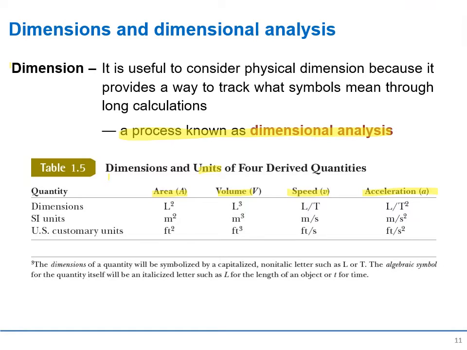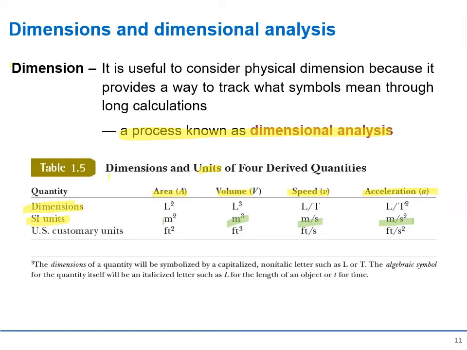Okay, so now you can see the difference between the dimensions and the units. The unit for area is meter square, for volume meter cube, for speed meter per second, for acceleration meter per second square.